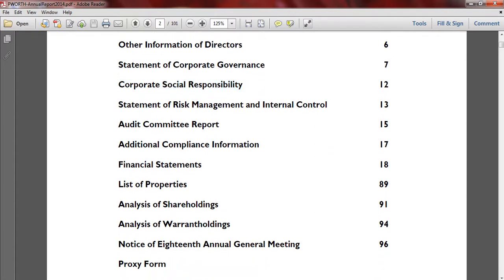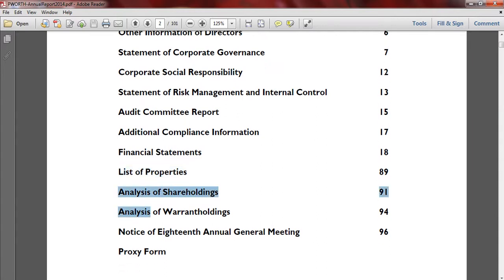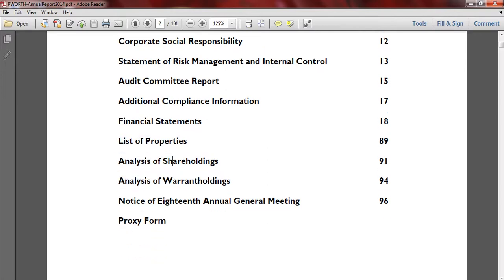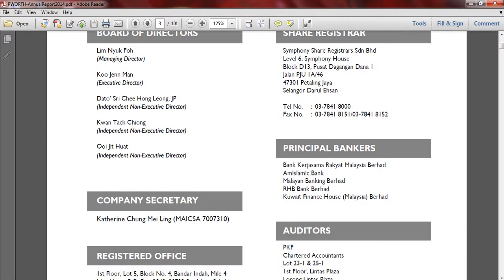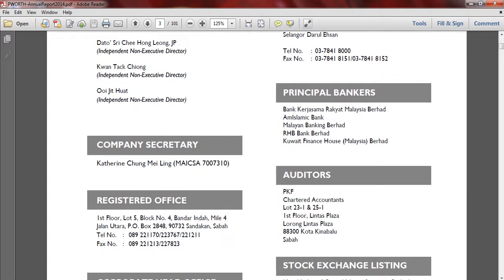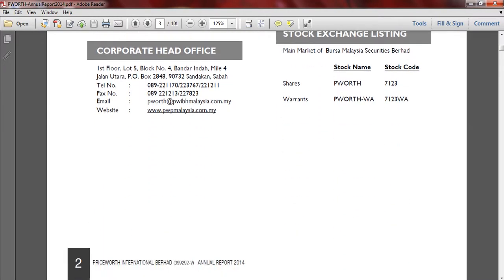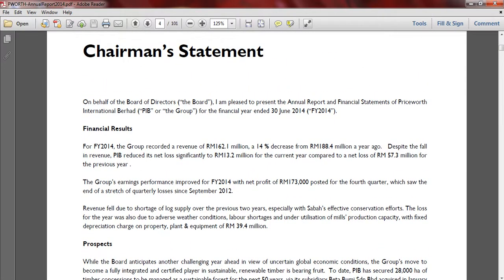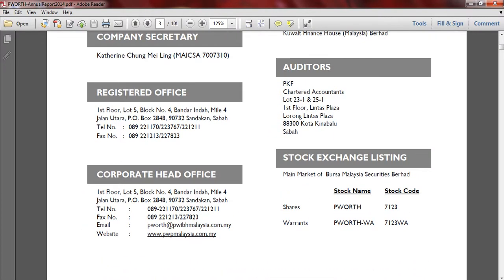Then the list of properties, to see what they have. After the financial statements, from there onwards are considered notes. We'll go through one by one, no worries. I'll go slowly.